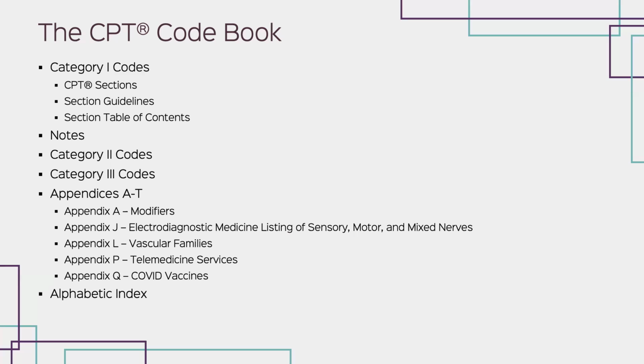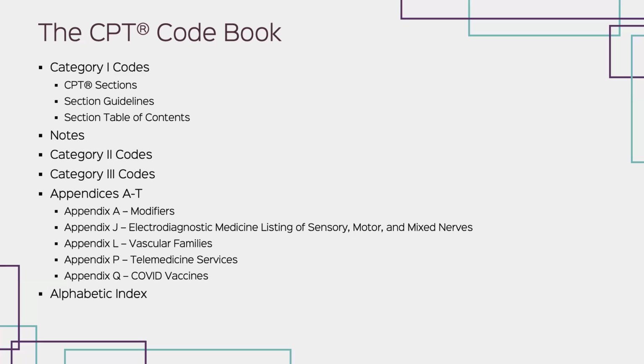You'll have appendices at the end that will help lay out modifiers, which we're going to cover here in a couple of minutes. It's going to give you an appendix to help you code for things like EMGs and nerve function testing. You've got an appendix for your vascular families for your cardiovascular section.